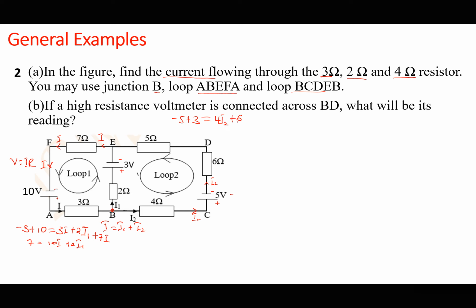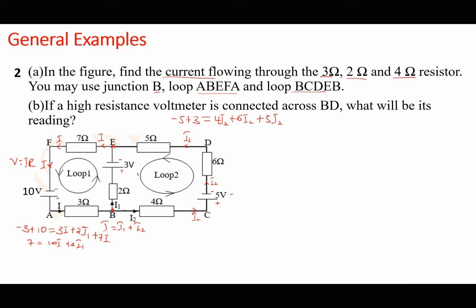So this is going to be 6I2. Then D to E, it is the same current I2, the same current flowing until we reach a junction, that's when it divides. So D to E, it is still the same current and in the same direction as our loop. So it is going to still be positive 5I2.